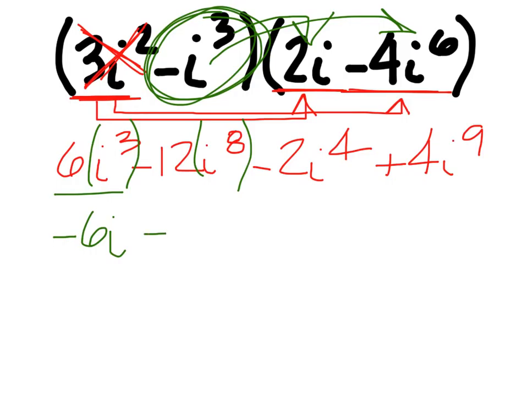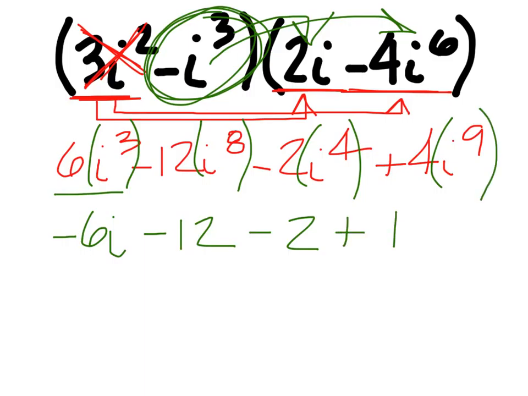So you're left with the minus 12. What is i to the fourth? 1, so we just have minus 2. And what is i to the ninth? It is i, so we have plus 4i.